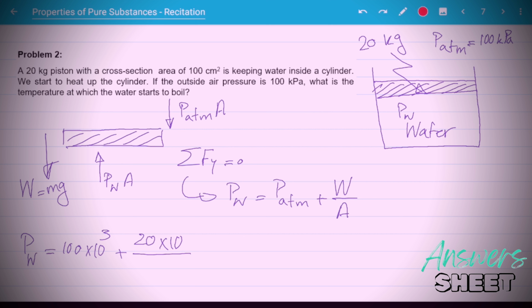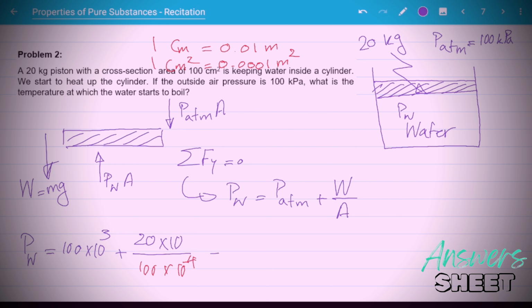In order to do that, I'm going to say 1 centimeter is 0.01 meters. So 1 centimeter squared is 0.0001 meters squared. Now we have 100 of them. So 100 times 10 to the minus 4 meters squared, right?